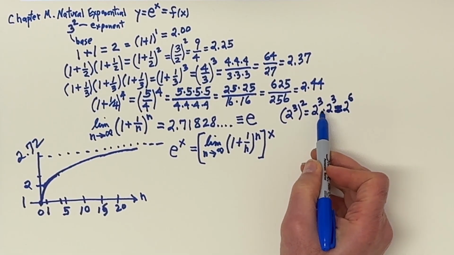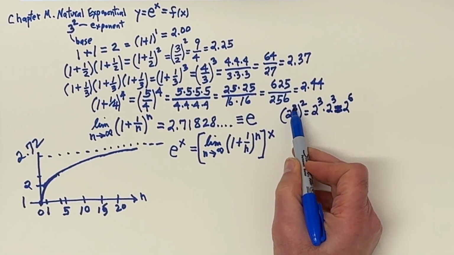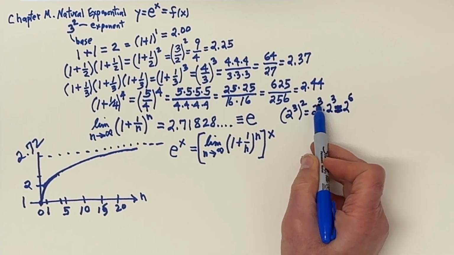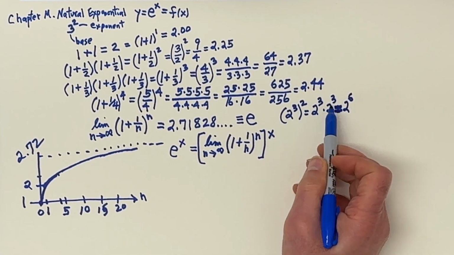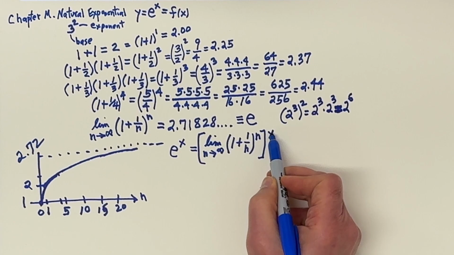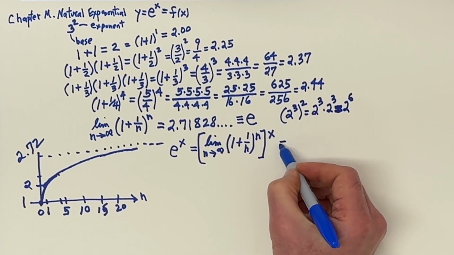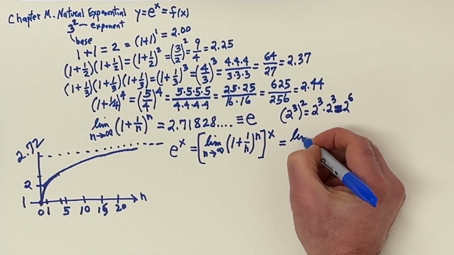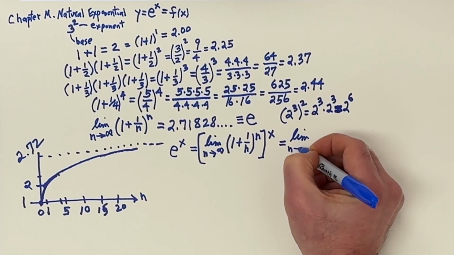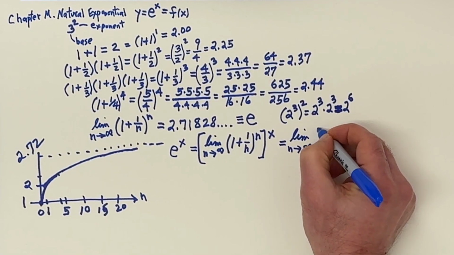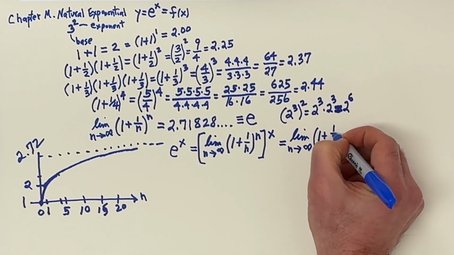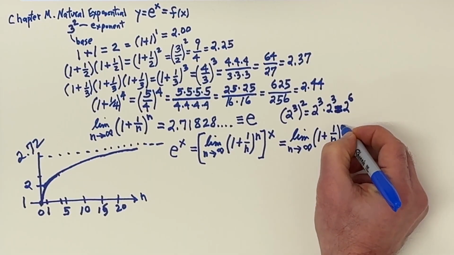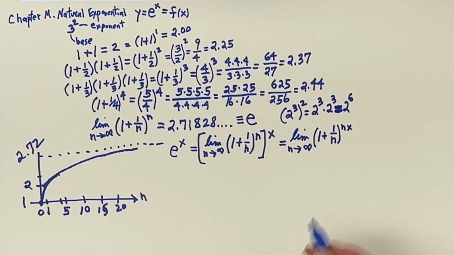So you can think of that as multiplying the 3 times the 2. And then you get the 6. So we multiply x times the n. And we would have here the limit as n goes to infinity of 1 plus 1 over n, to the nx.